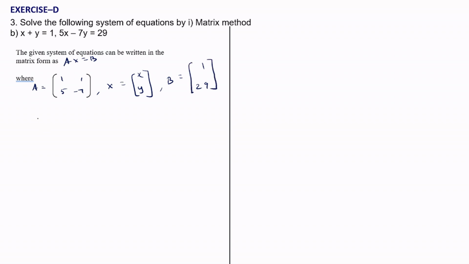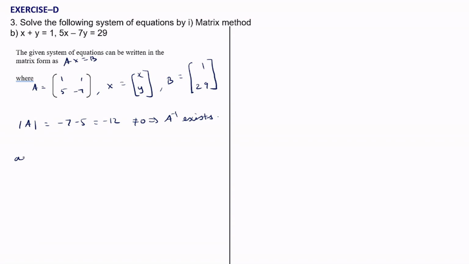Here again we have to find A inverse first. For that, first let us find determinant of A. This is minus 7 minus 5, which is minus 12. This is not equal to 0, which means A inverse exists.